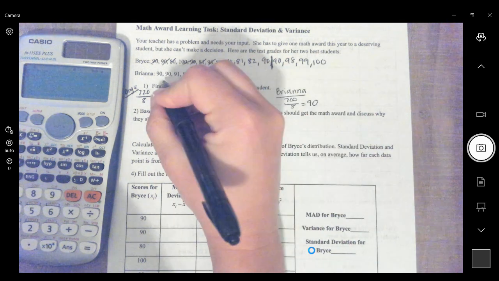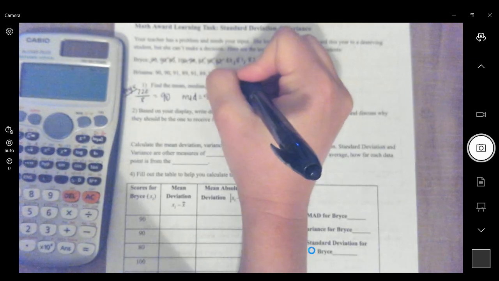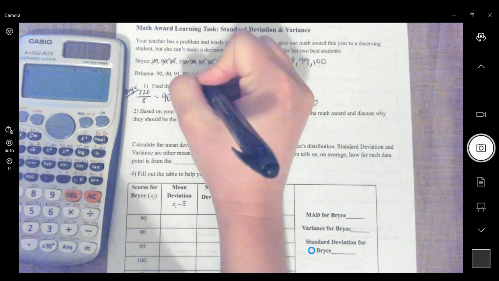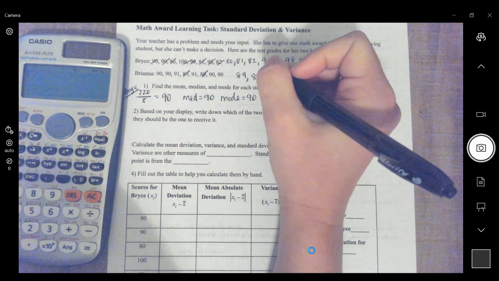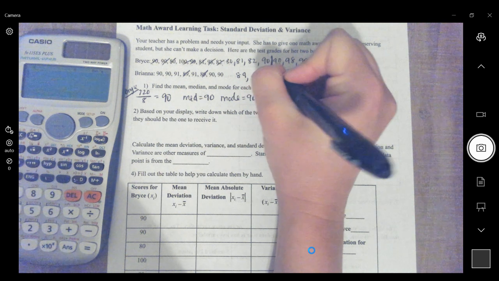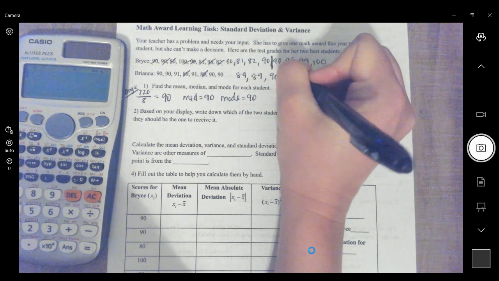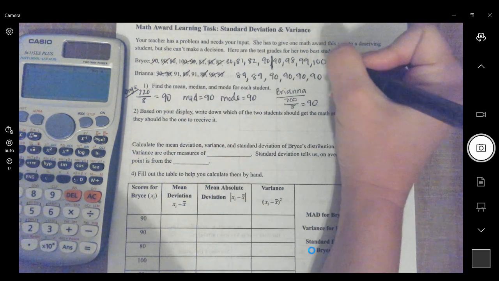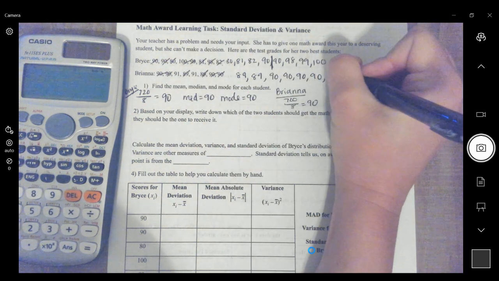So they have the same average, and let's put hers in order. Her lowest grade is 89. So she has 2 89s, 4 90s, and then 2 91s.